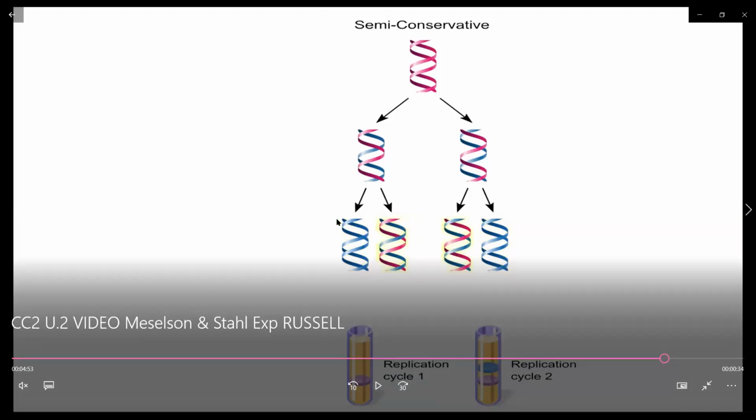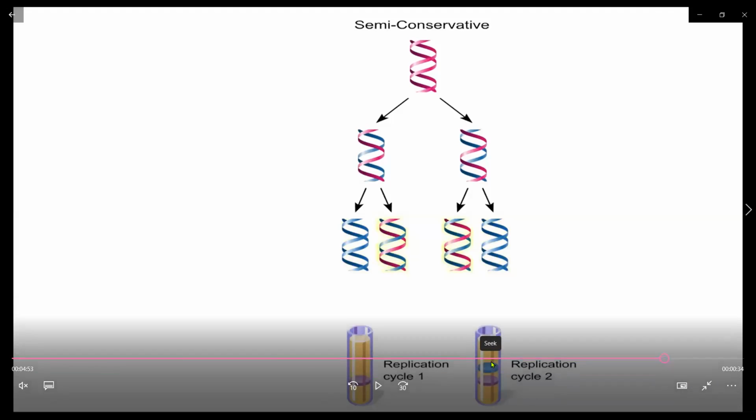So if we now do density gradient of such a DNA, what will you observe? We will observe an intermediate band, and we will observe a pure band of N14, and that was what they observed in the actual experiment.